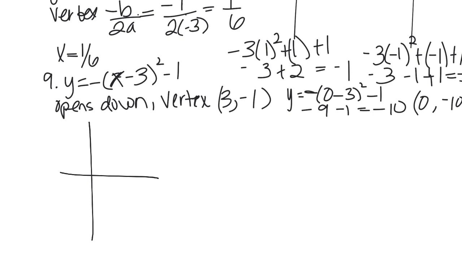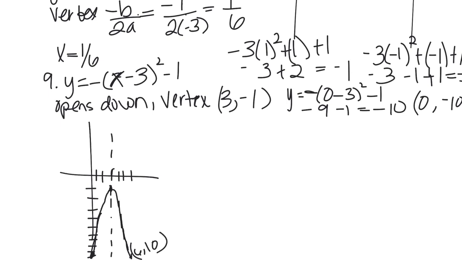Let's see, we have 1, 2, 3, 3, -1, and 0, 1, 2, 3, 4, 5, 6, 7, 8, 9, 10. And so this point should be (6, -10) because of the symmetry. Remember, the line of symmetry goes through the vertex.